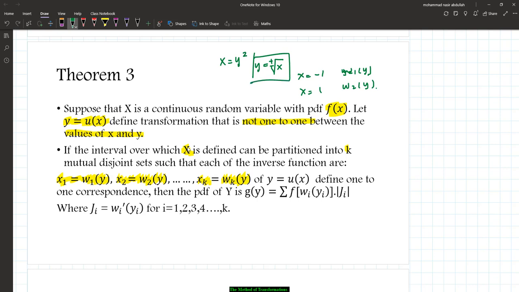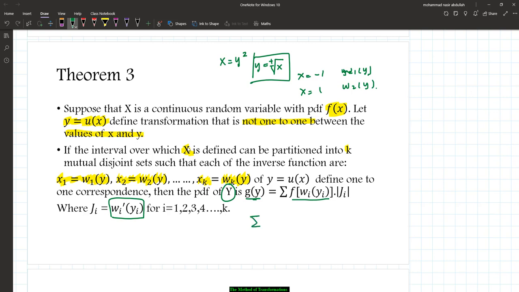Then the PDF of the new random variable y is g(y) equal to the sum of f(wi(y)) multiplied by the absolute value of Ji, where Ji is the first derivative of wi(y).